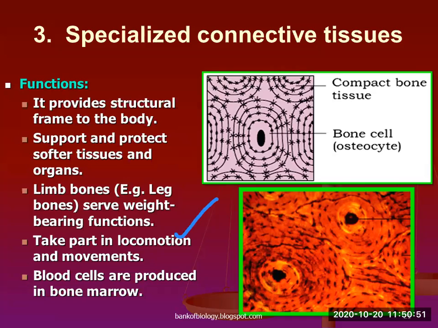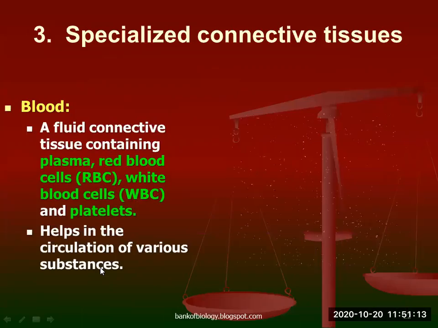The red bone marrow produces the blood cells. These are said to be the functions of the bone.